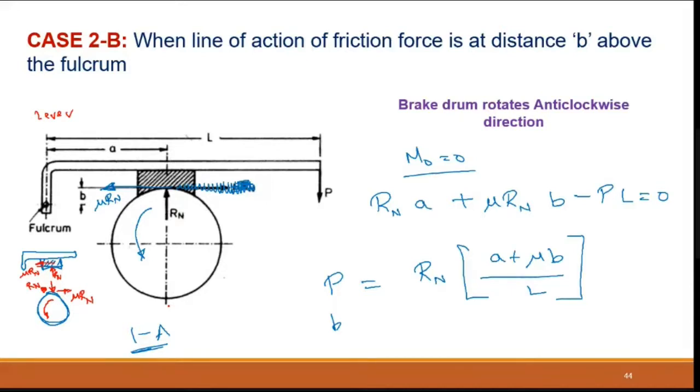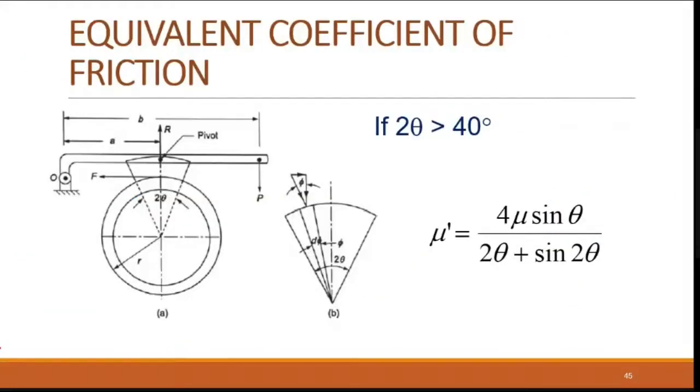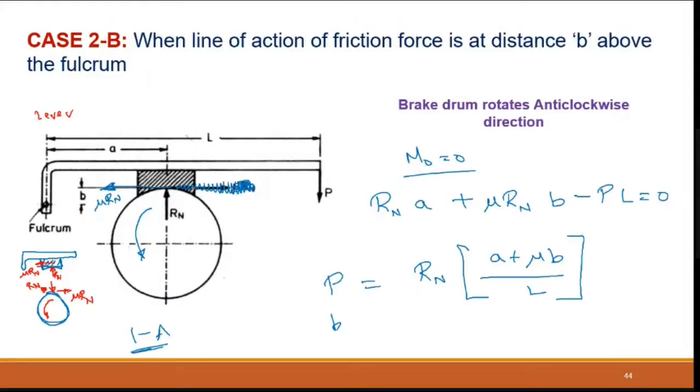Now we will proceed with some problems related to this. Before that, I have to discuss one more thing. What happens when your brake shoe angle is higher? There is something called the equivalent coefficient of friction. For a small brake shoe, if I consider this angle, this is 2 theta, and it will be less than 40 degrees.